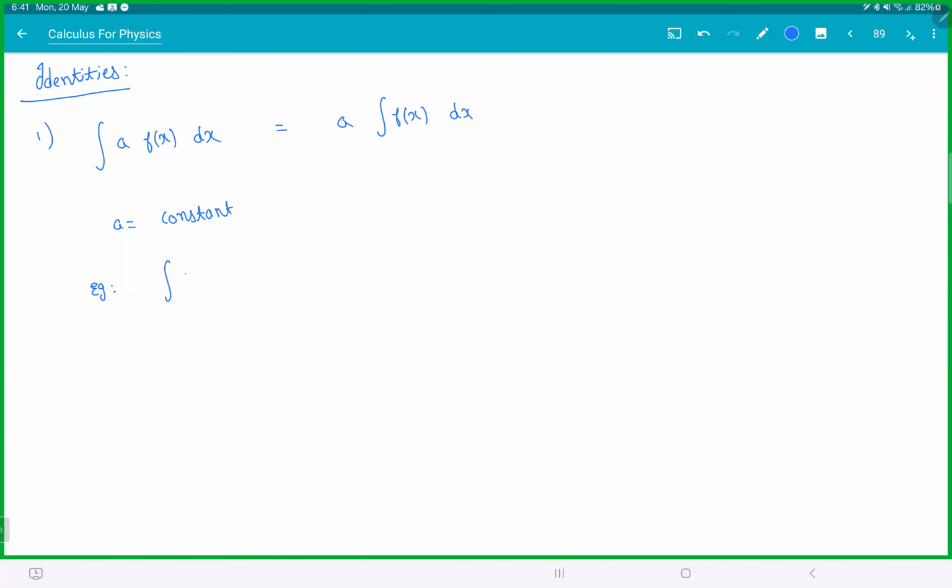Example, if someone gives you integration 3x square dx, let's say from 0 to 1, you can just push 3 outside. This will be x square dx from 0 to 1. And the formula for this is x power 2 plus 1 by 2 plus 1, 0 to 1. So that would be 3 by 3, x cube 0 to 1. 3 will cancel. This is 1 cube minus 0 cube, which is 1.